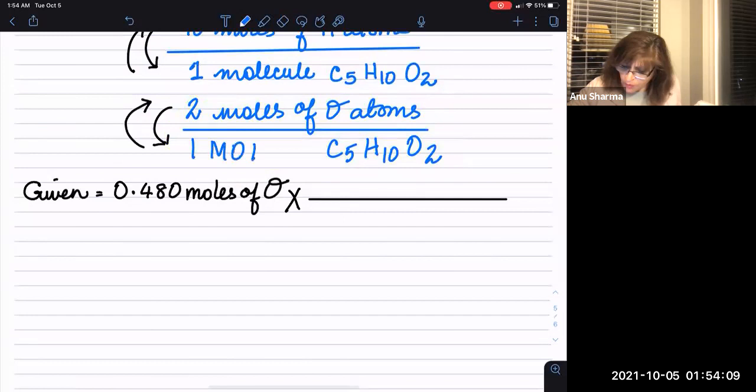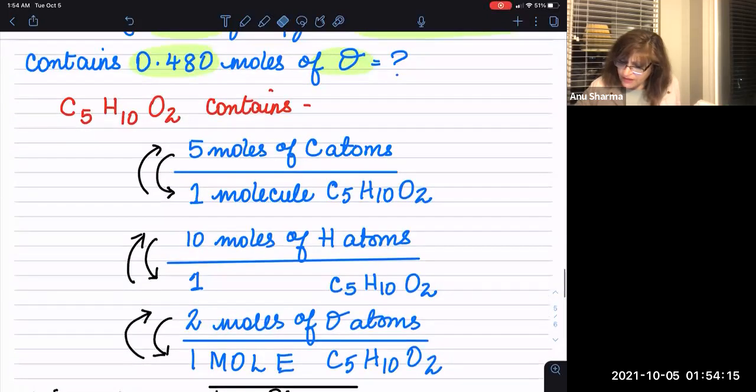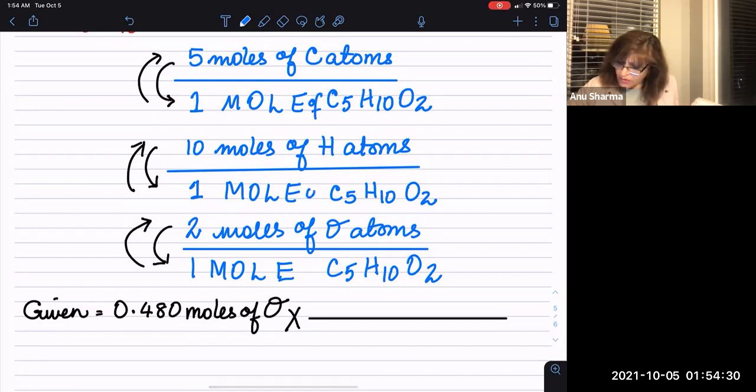So in 1 mole of C5H10O2, same is the case, because molecule is an outdated thing now. So it's all mole. So 1 mole of C5H10O2.